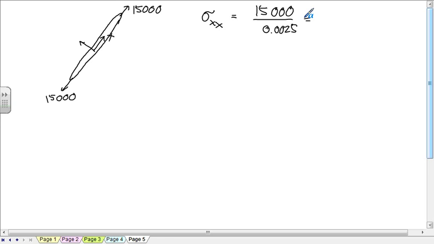And what do you get there for the stress? 6. Okay, and that's pascals. So for member 1, the stress tensor is 6 times 10 to the 6, and then zeros everywhere else.